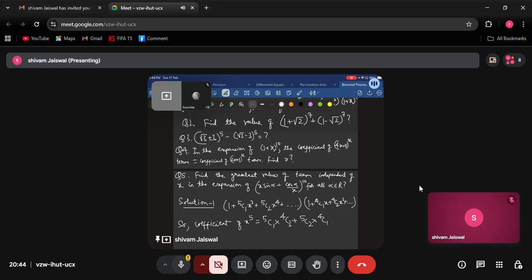Now tell me, Raktim, will I get any other way? In any other way, will we get x to the power 5? Is there any other way we can get x to the power 5? Sir, 5C3 into 1. 5c3 into 1. Over here, 5c3, it will be x to the power 6, not 5.